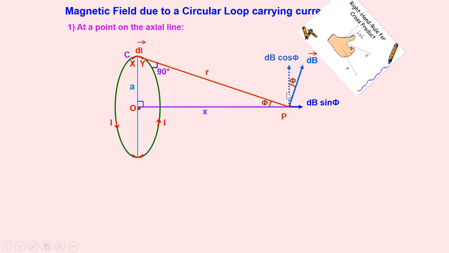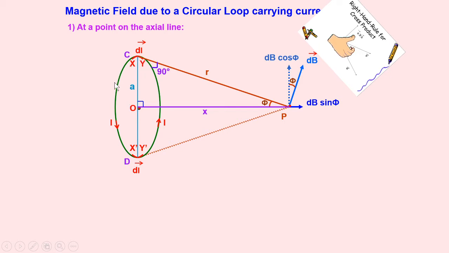So dB cos alpha or cos phi you will get in this direction, because phi is somewhere here, that is why the cos alpha term, and the dB sin alpha term here you are going to observe. Next, one more term I'm going to consider here, small element dl. This is also having the same length as that of xy.